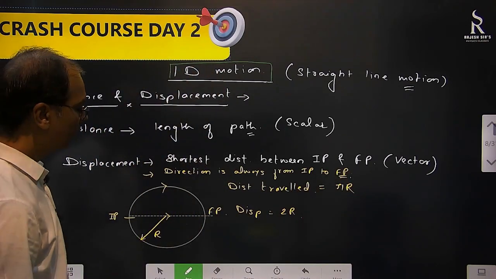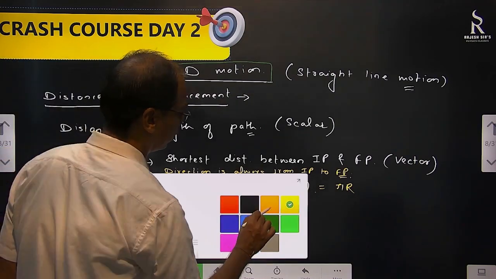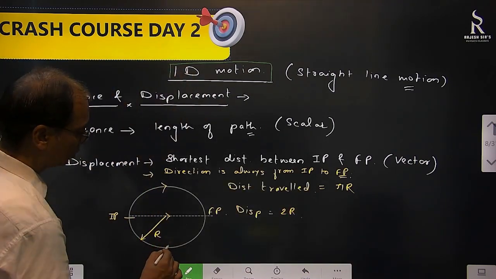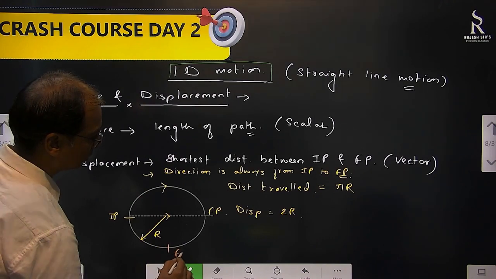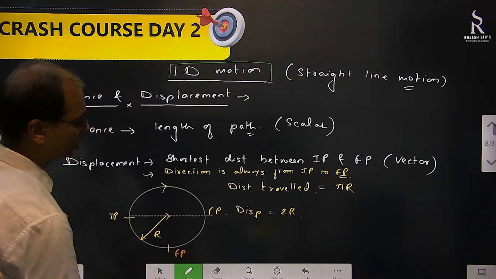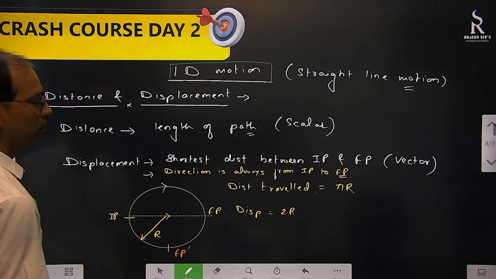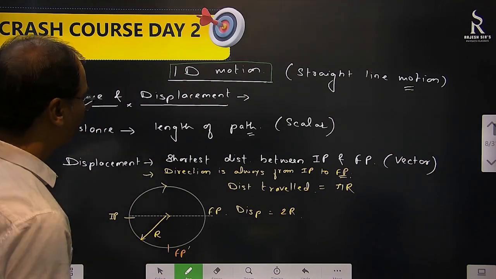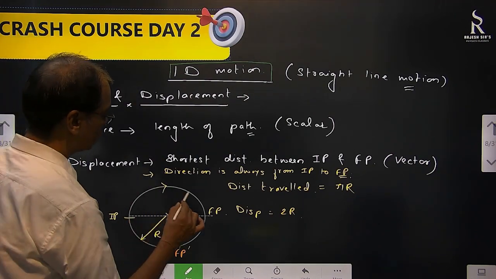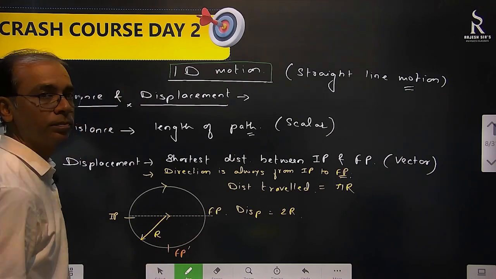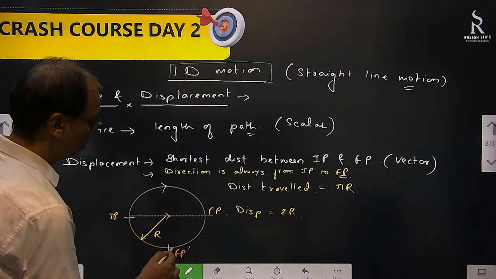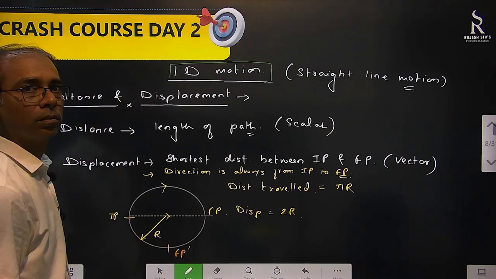Okay, suppose now I say that you've traveled further, you reached over here, FP dash. Now if I have to find the distance traveled, it is this plus this plus this, right or not?